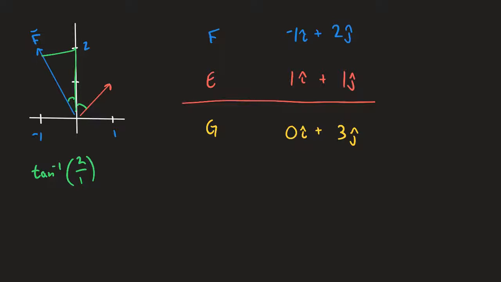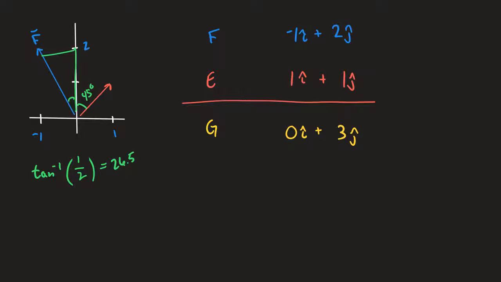No, 1 over 2. And the other one is 45 degrees. So what is the inverse tangent of 1 over 2? Not in radians. 26.5.